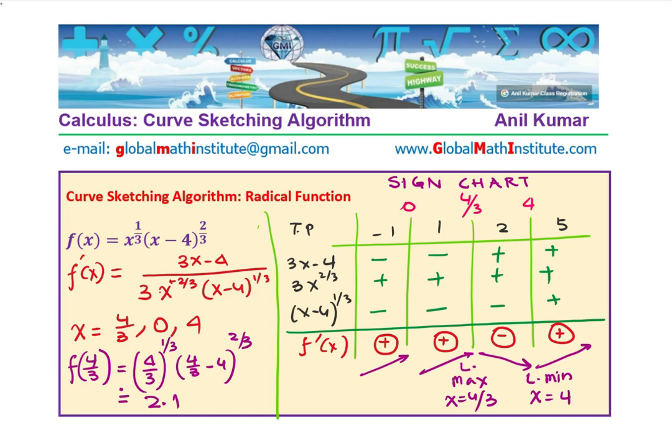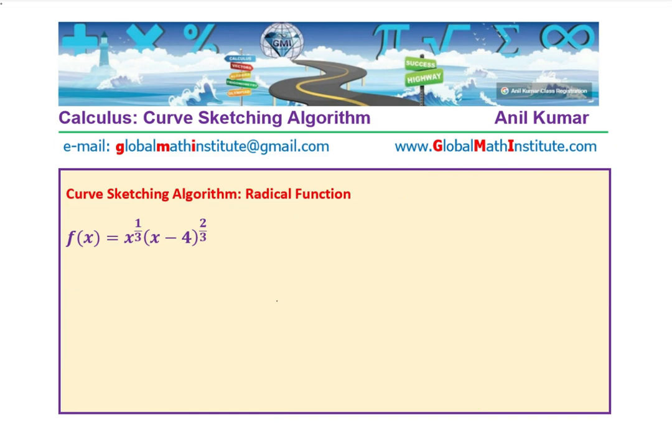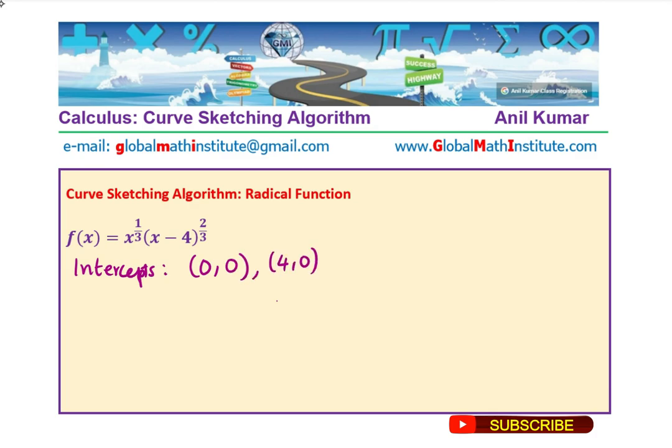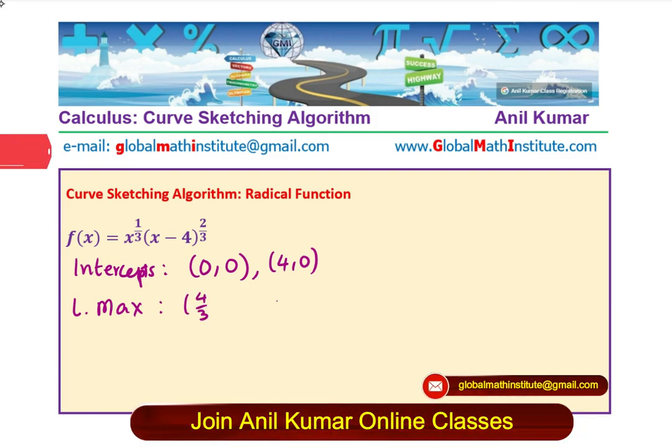So let's move forward and write down the information which we have got so far. So we know that the intercepts are at the origin, x-intercept, right? And we found 4, 0, another value. Then we have the local maximum value. Local maximum was at 4 over 3. The value was 2.1.